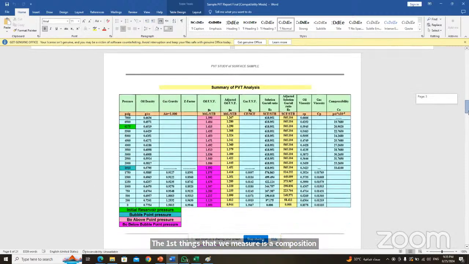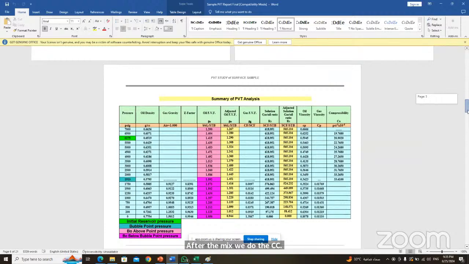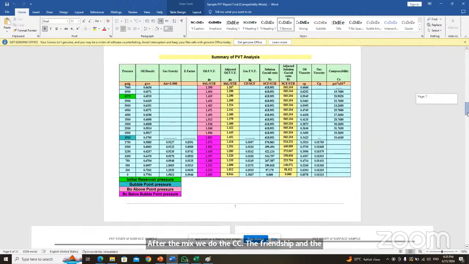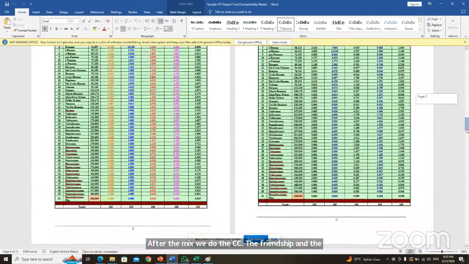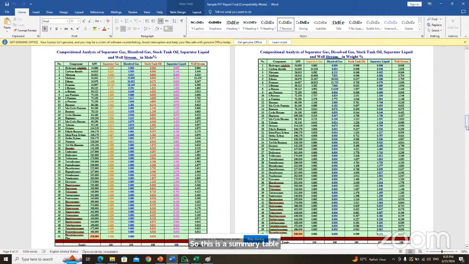After the remixing, we do the CCE, the differential, and the separator test. So this is a summary table. We'll go back to this later. So we'll start with the composition. The composition is done before we do the remixing. First we measure the gas composition.